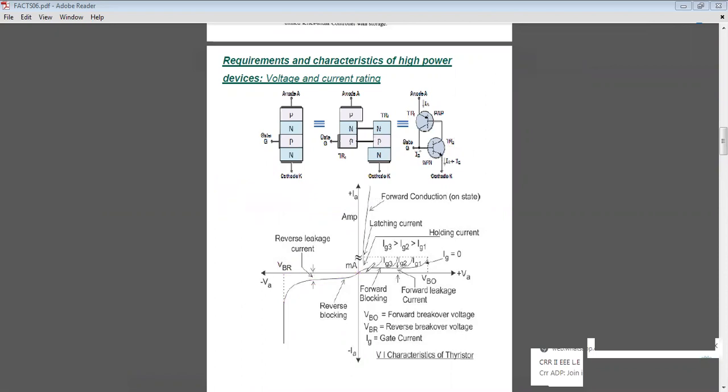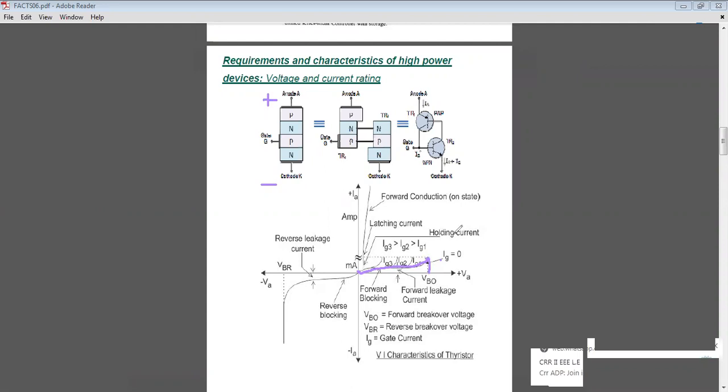In the case of forward blocking mode, when anode is connected to positive and cathode is connected to negative, if you want to switch it on, you have to apply a very high voltage. You can see that this is the forward breakover voltage, VBO. You have to apply this much voltage to make the thyristor conduct. The current at which it reaches conduction is called the latching current, and holding current is the current below which it comes to off state.